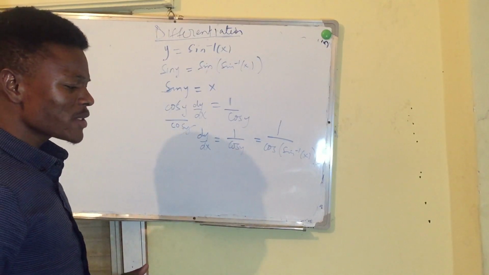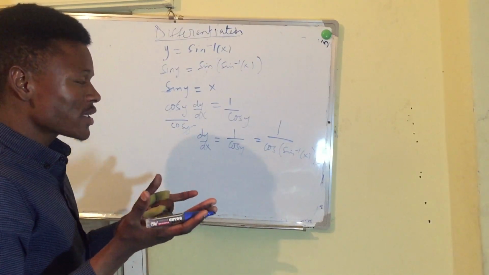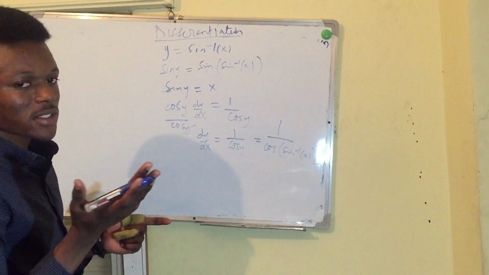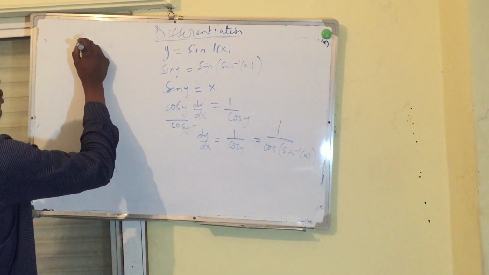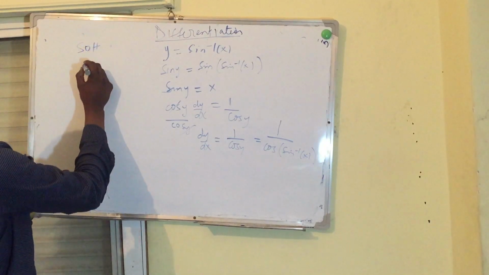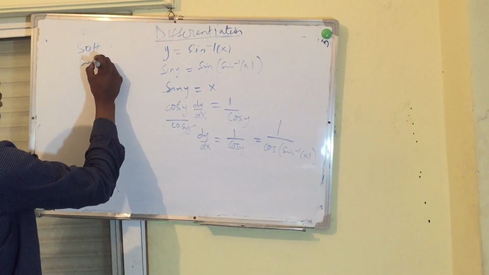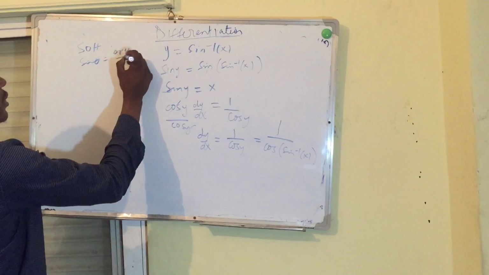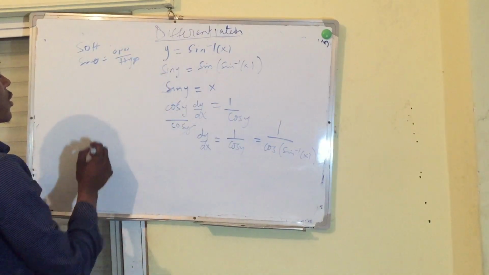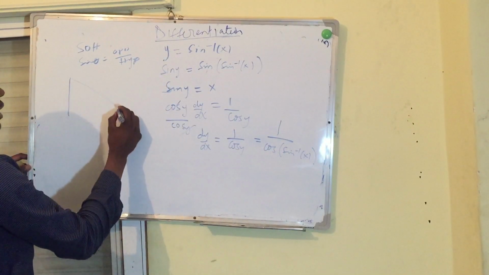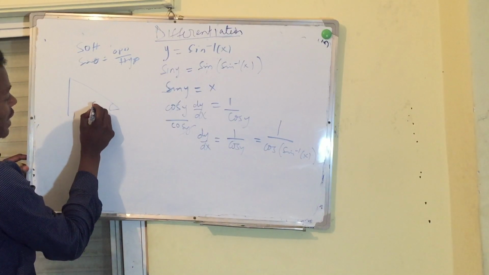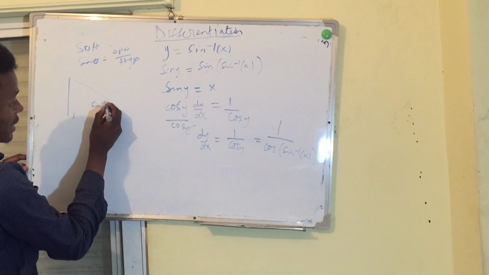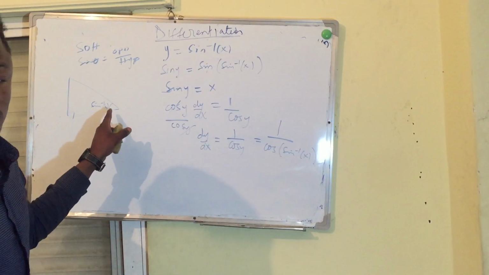Sine inverse of something, we know that whatever is inside the function is opposite over hypotenuse, because from SOHCAHTOA we know that sine of angle theta is equal to opposite divided by hypotenuse. So if we have a right angle triangle, one angle is sine inverse of x, that is theta.